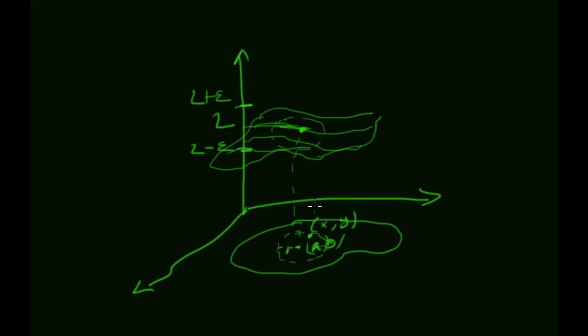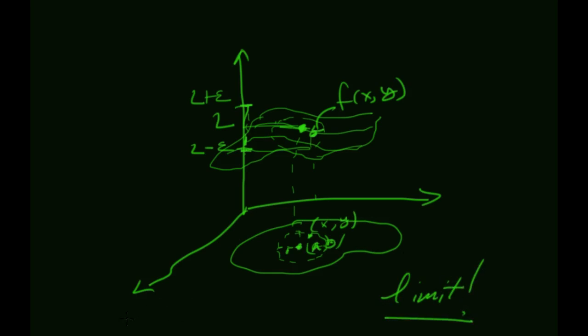So that when (x, y) comes up and strikes here at f of (x, y), I'm within that range of height. And ultimately, as this circle gets smaller, this epsilon can get smaller, and eventually I'm going to approach the height that L is at. So we're going to say that as (x, y) gets closer to (a, b), the height is getting closer and closer to L, and that gives me the idea of a limit.